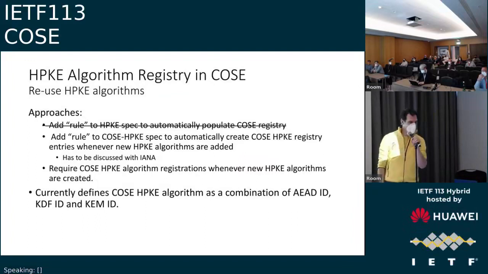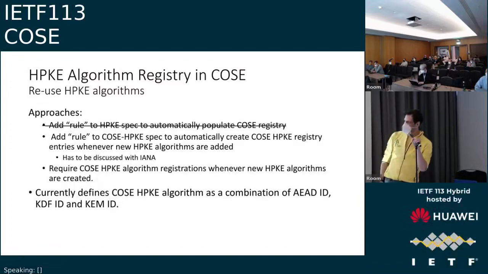Which leaves us with two other choices, either to have a rule with IANA to automatically populate values in the registry, which in my opinion requires some discussions with IANA to make sure that this actually works. Some folks in the group were hopeful that this is simple to do, but I don't know.